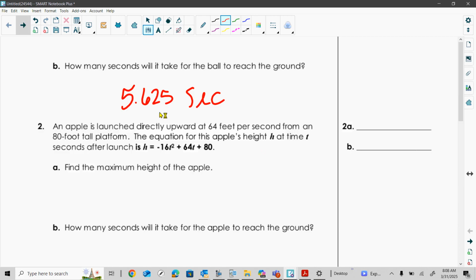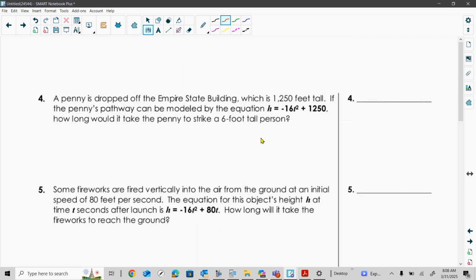Now on the back here, one of the questions I want to talk about is the same. We got our equation, but it says how long would it take the penny to strike a 6-foot person, okay? So that means we want to find the time, basically we want to find when the equation equals 6.